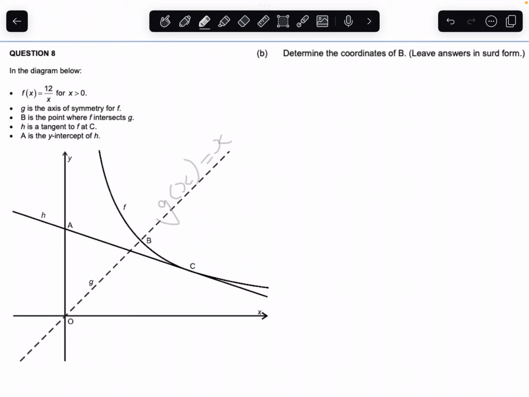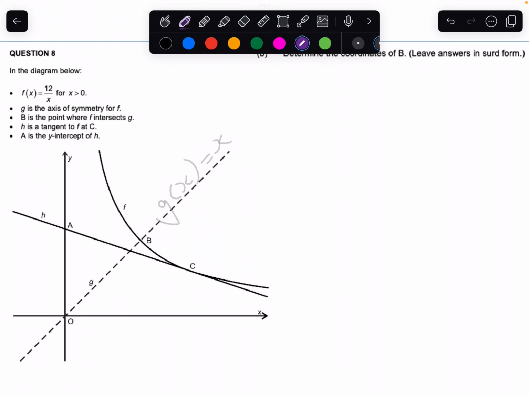Determine the coordinates of B, so of this little fellow over here, the intersection of f of x is equal to 12 over x and g of x is equal to x. Points of intersection, we know how to figure that out.